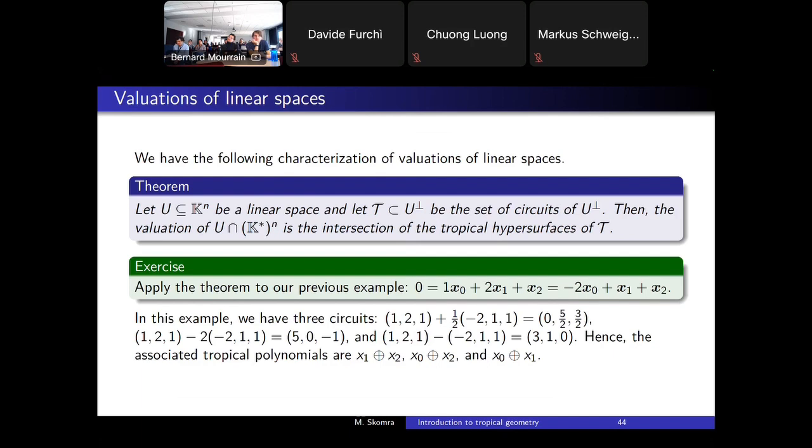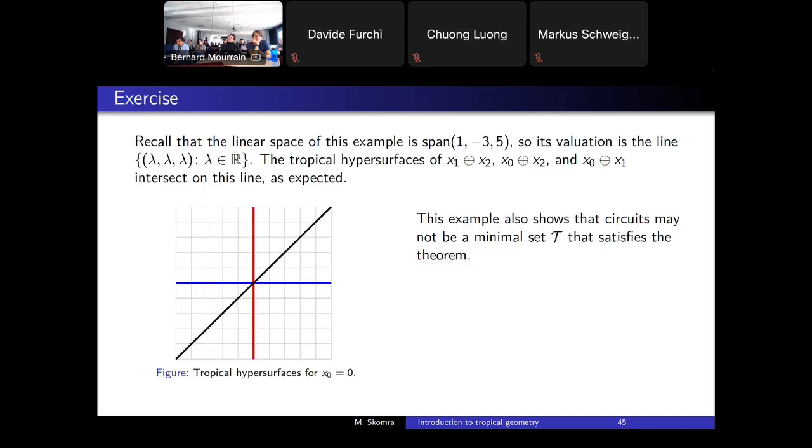Now I replace these two equations by 3 equations, which are in this ideal. And I will get these 3 tropical polynomials, which are different from the tropical polynomials I got before. And after I intersect these 3 tropical polynomials, I will get a single point, as expected.